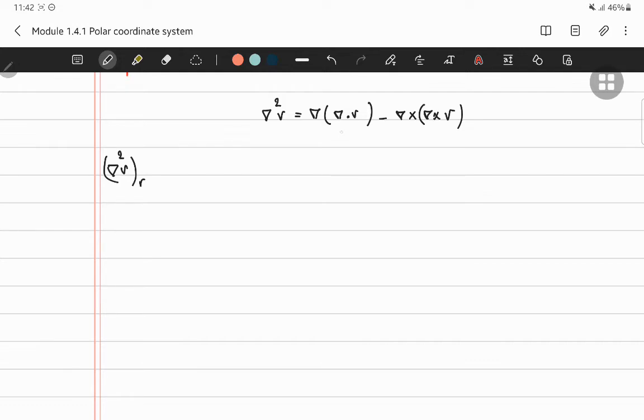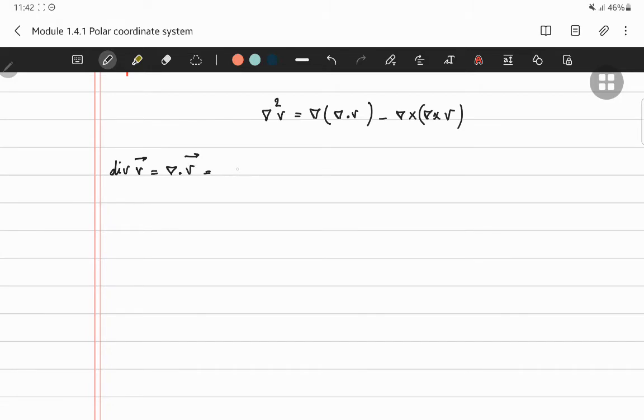All right, so here we have the divergence. So let us start by del dot v, which we call the divergence of v.